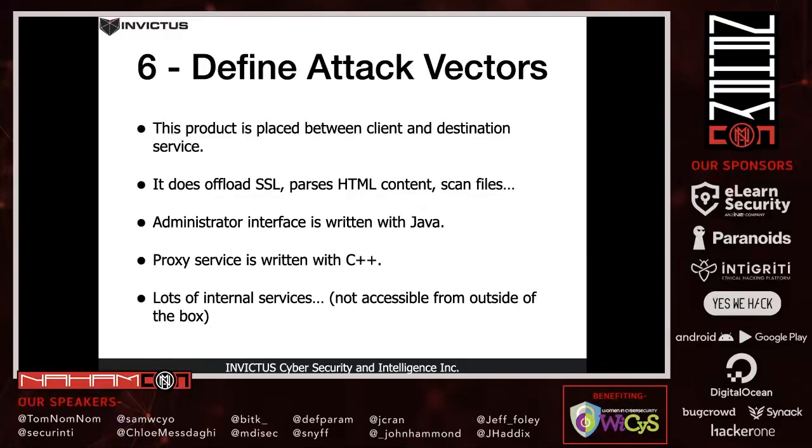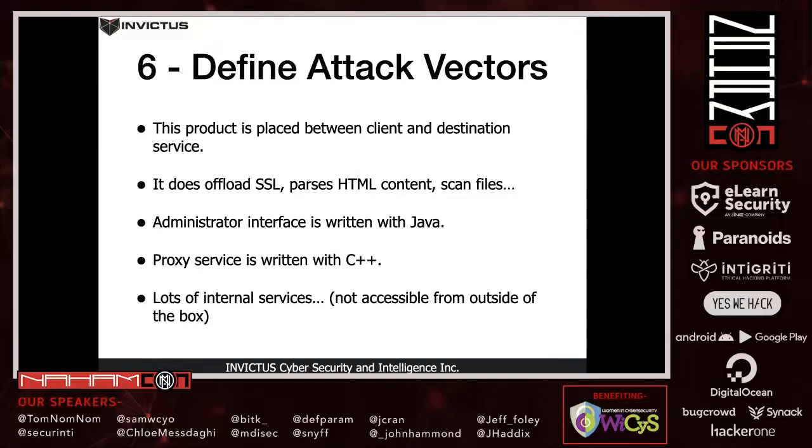So we got enough information, I believe, about the product, so we can define some possible attack vectors. We know that this product is placed between the client and the destination. It takes the request from the client and sends it to the destination on behalf of the user, and whenever the proxy gets the response, it forwards it back to the client.